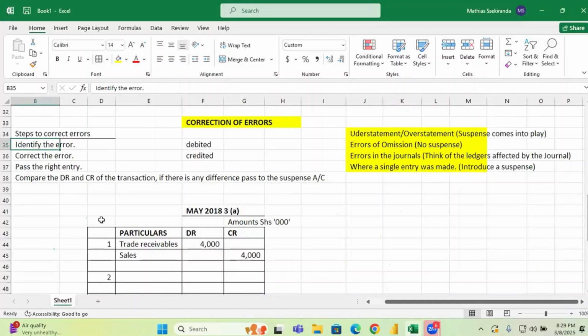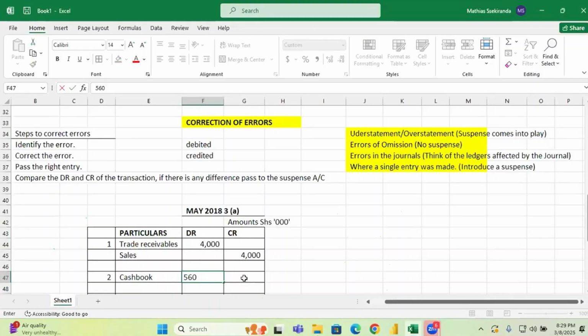So can we now correct the error? When we are correcting an error that was posted on the wrong side, we pass a reverse entry to remove it. Since the accountant credited the cash book, we shall debit the cash book to reverse that credit.